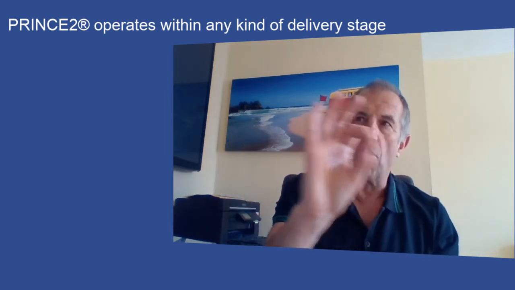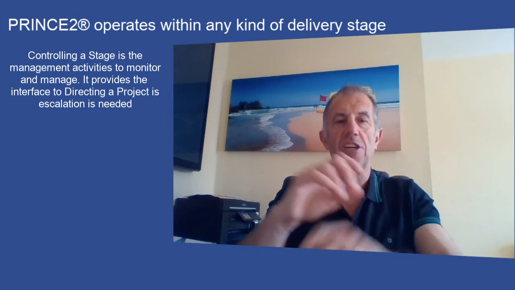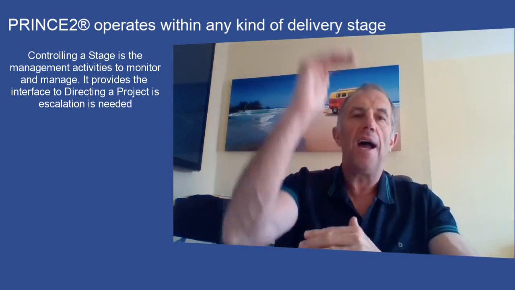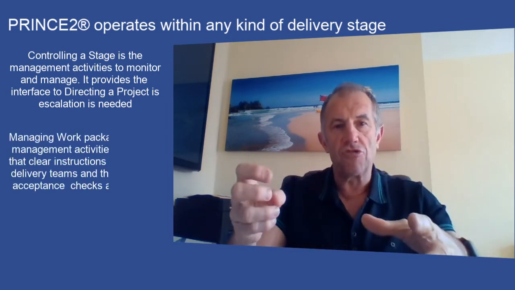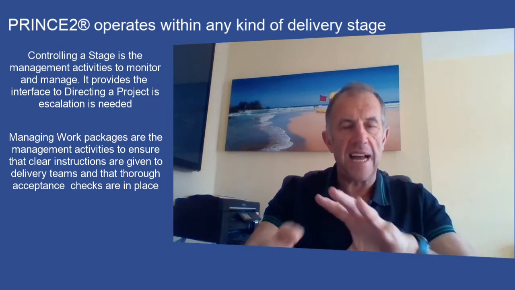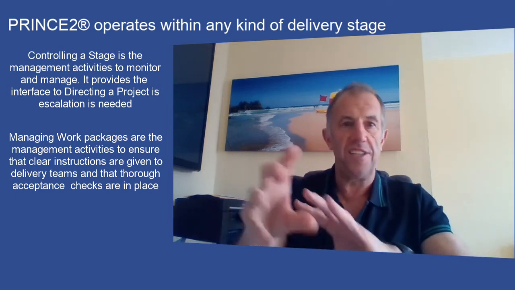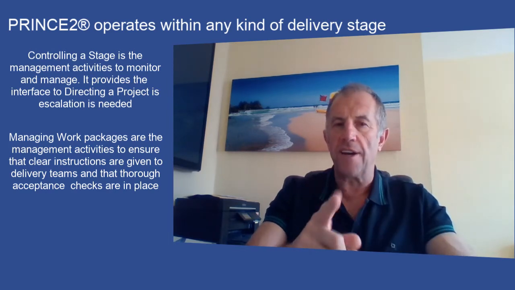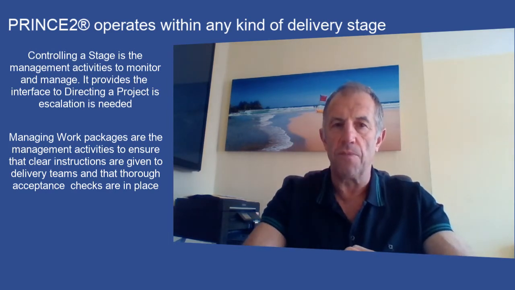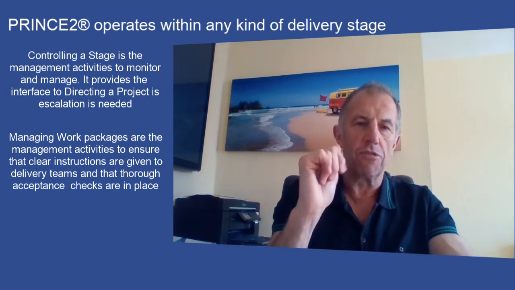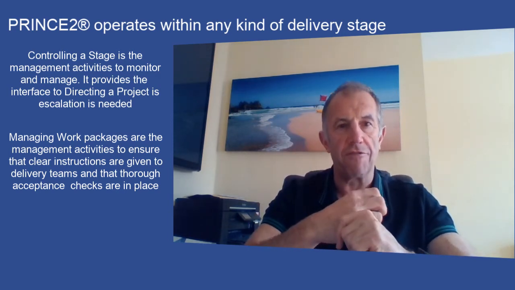It's got one which is called controlling a stage, which is basically the interface between the delivery team and the project board. During controlling a stage, there's some variance, it's handling all those reports, and it's using change and progress reporting, risk. And if something it thinks is going out of tolerance, then it'll do an exception report. So controlling a stage is the buffer between directing a project and the delivery team.